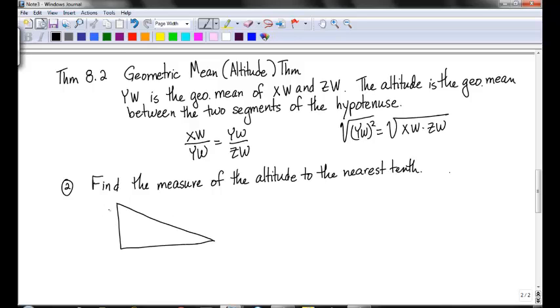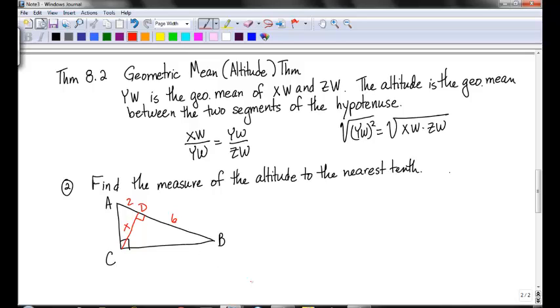Label this A, this B, and the right angle C. The altitude goes from this vertex to the hypotenuse. That makes this a right angle. Label this point D. From A to D is 2. From D to B is 6. And they want you to figure X.